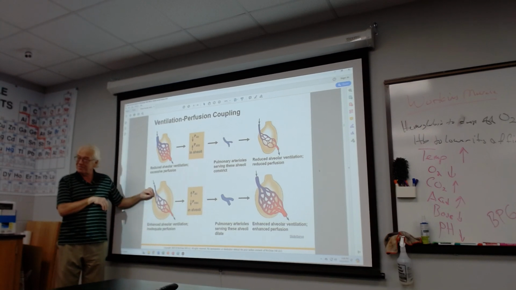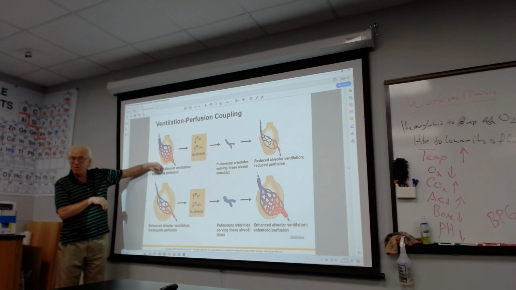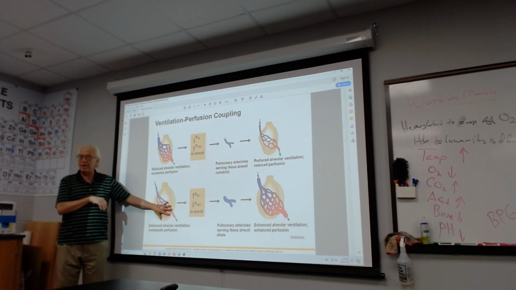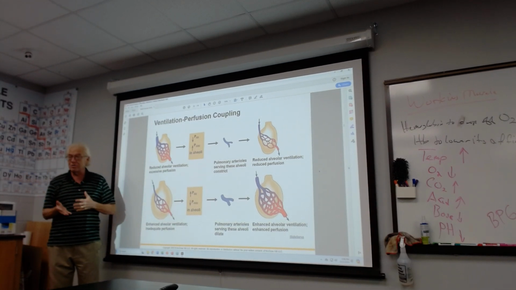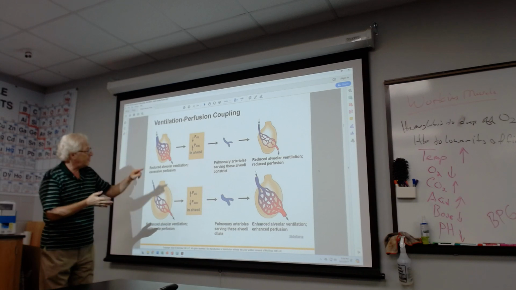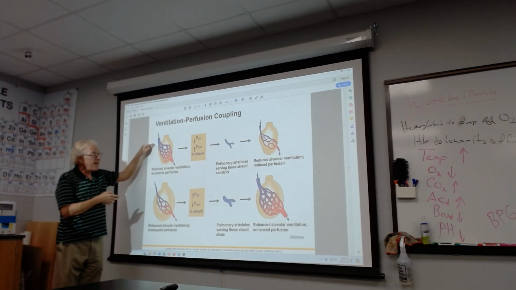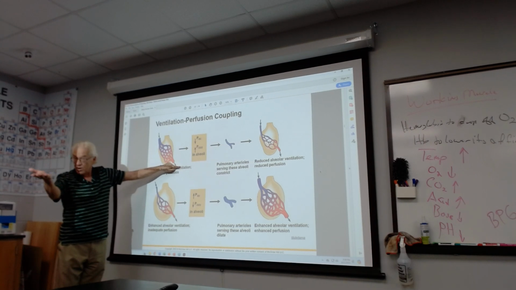The precapillary sphincters. We can shut them down if we don't need as much blood. We can open them up if we need more blood. And remember, the blood's only there for one reason: pick up the oxygen. And we have it coupled. Because if this wasn't coupled, I'd have a bunch of blood leaving with no oxygen. Is that good for hypoxia?